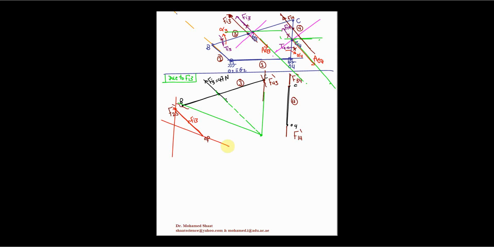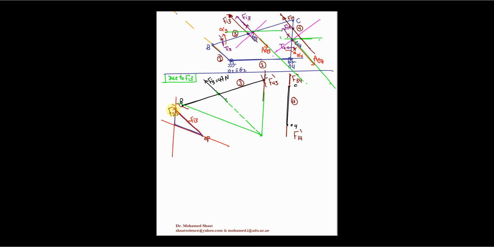So these two lines are going to intersect at a point. Then we can simply come up with the force diagram as already given here. This gives us this line. This gives us the first force component, this gives us the second force component, and this gives us the third force component.